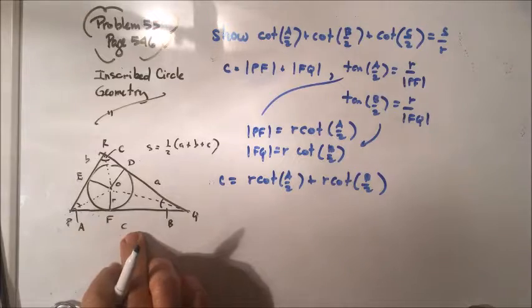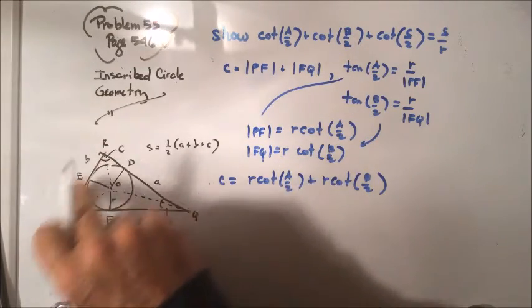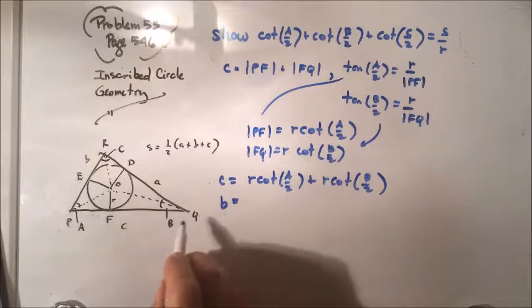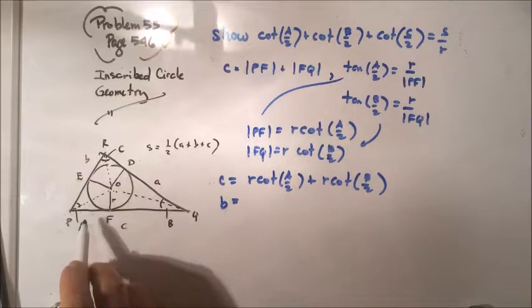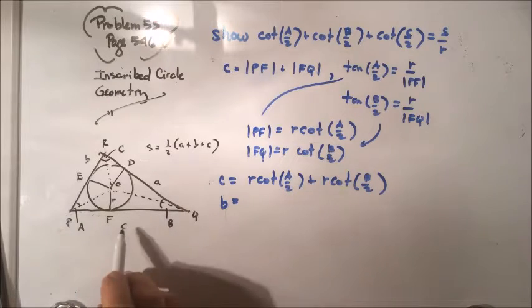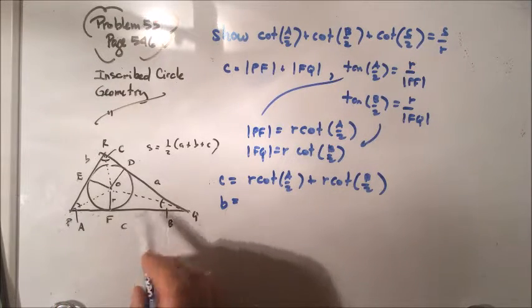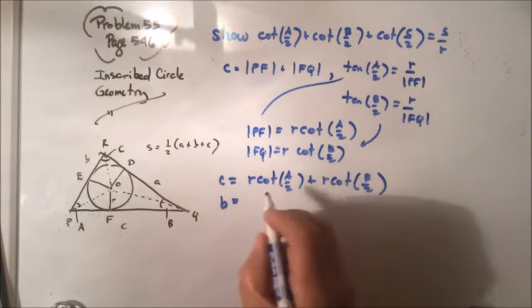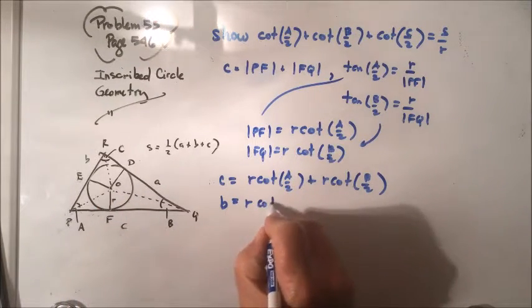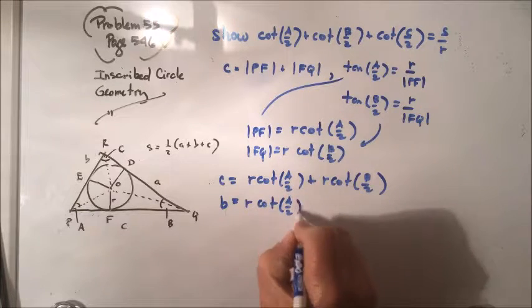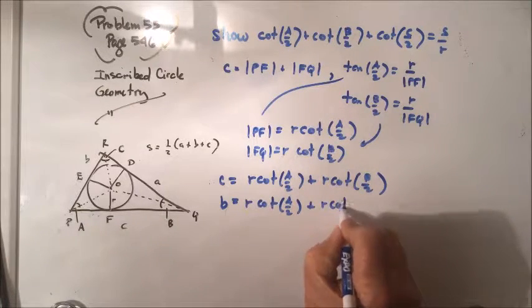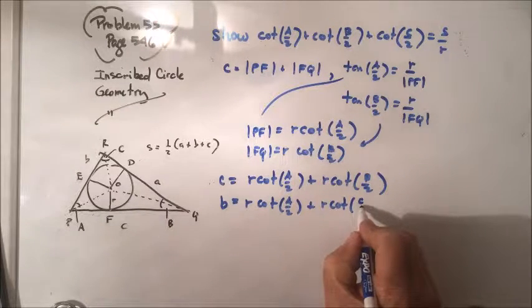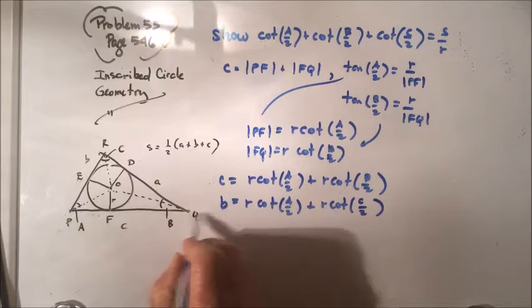So I started with side C. If I went to side B here, I'm going to get exactly the same type of relationship, only side C is between angles A and B. This side here, B, is between angles A and C. So I'm going to get this for B through the same considerations.